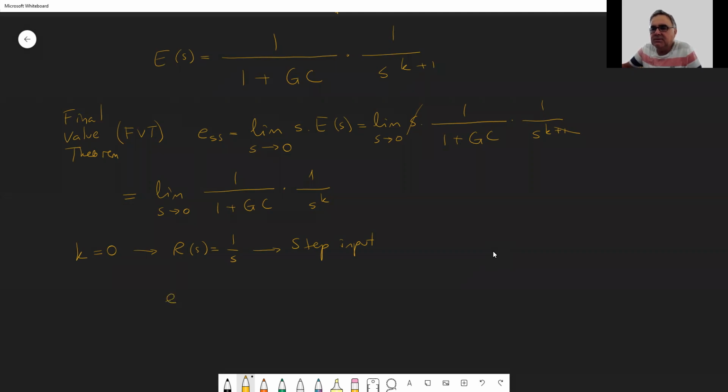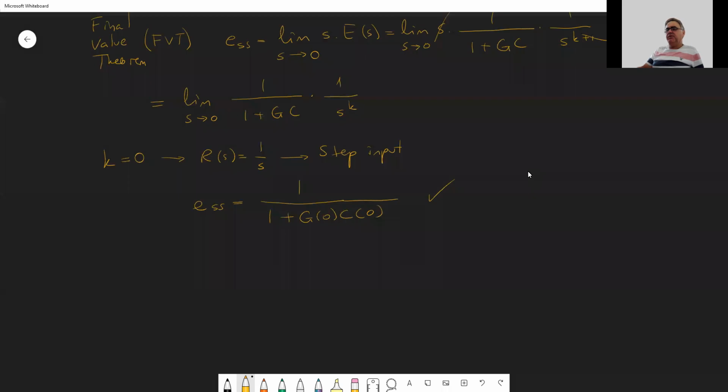So the steady state error for the step input is simply, this goes away, 1 over 1 plus G of 0. Instead of S, we put a 0 there. That's fine. We found the steady state error for step input.